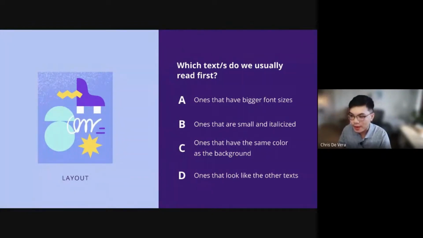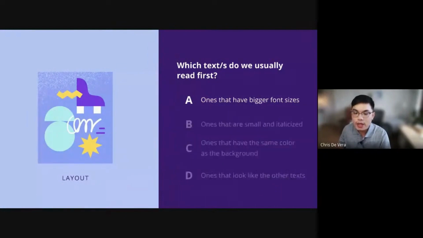Okay. So I think unang option pa lang, you guys got it right already, that we usually see the font that has the bigger size. So you can use this principle in designing your slide. Make your headline big and bold, maybe even a different color.